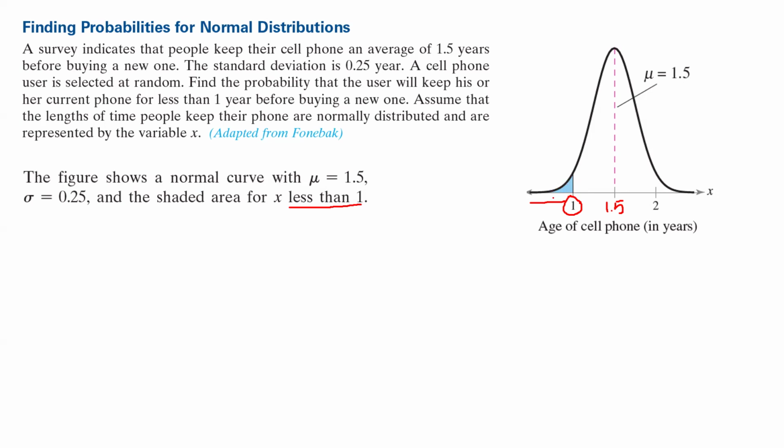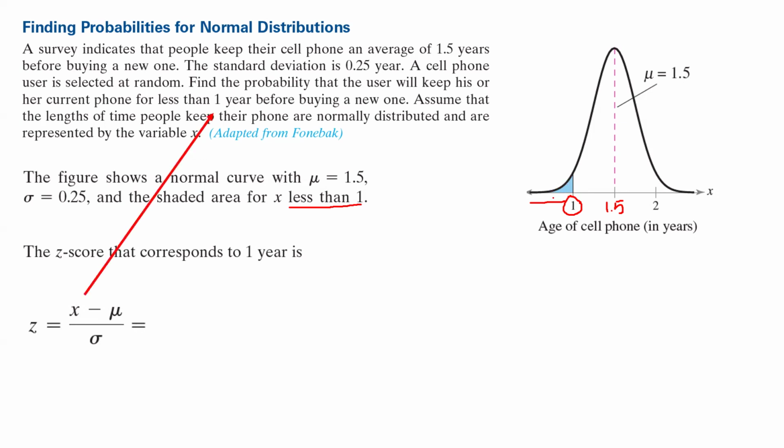Now, the z-score that corresponds to 1 year can be calculated this way. Z, as you remember, is x minus mean divided by sigma. But what is x? X is 1 year, mean is 1.5 years, and standard deviation is 0.25.